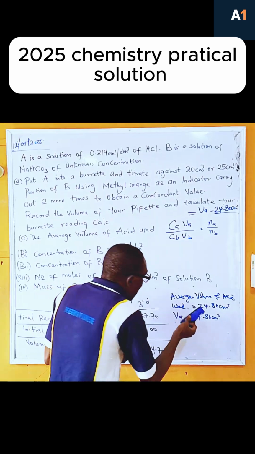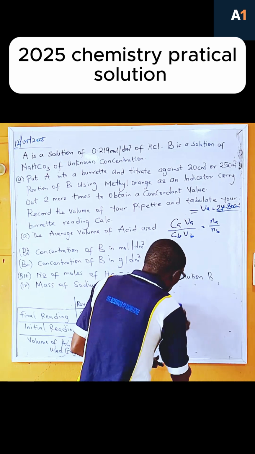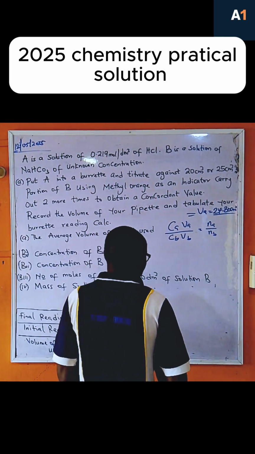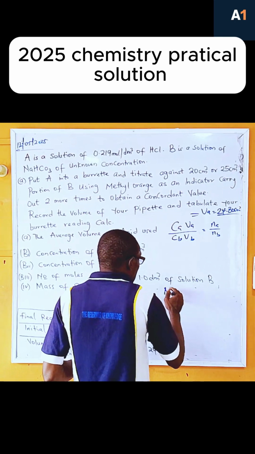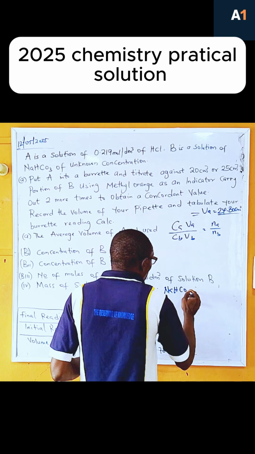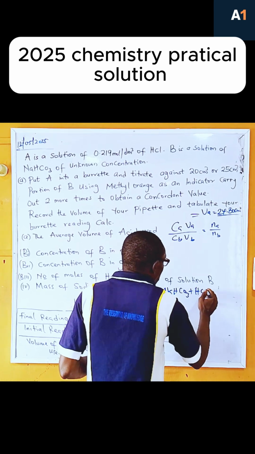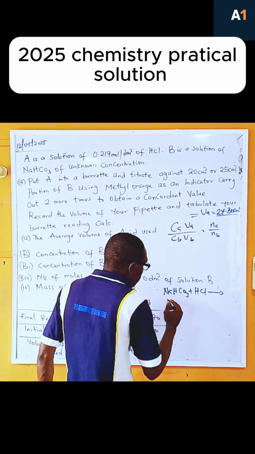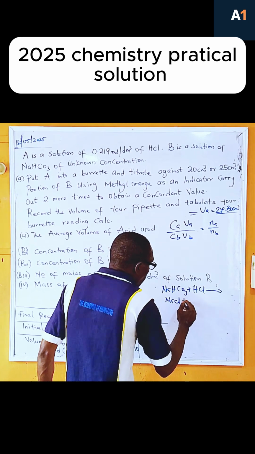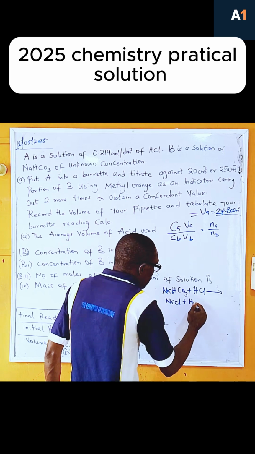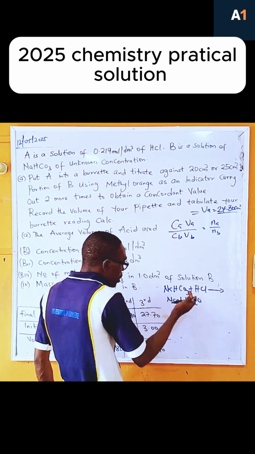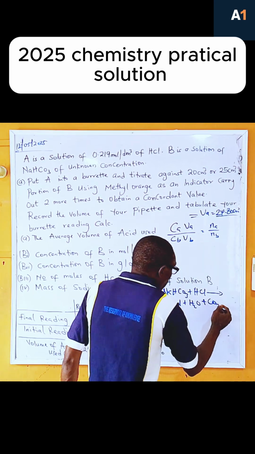Now let's clean this to write the equation. We balance the equation by saying that the base is NaHCO3 plus HCl equal to sodium chloride plus water, and because this base is a carbonate, it will also release carbon dioxide gas.